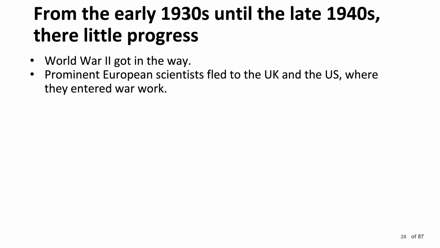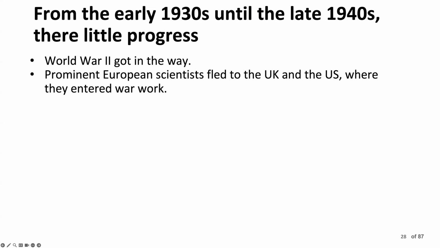So for about 20 years, there was progress in understanding how the universe might evolve, and then World War II got in the way, and Europe, where much of the work was being done, was of course completely disrupted by the war. A lot of scientists went into war work.